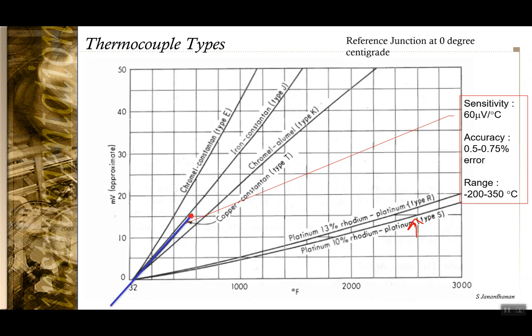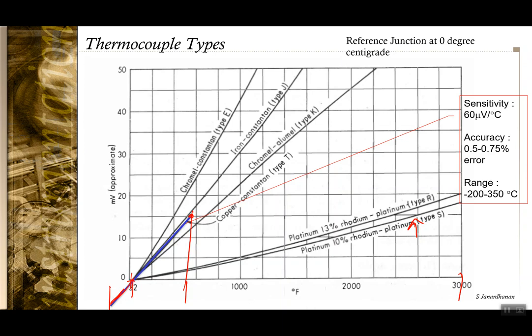It can only measure up to plus 350 degrees centigrade, and basically half of its range is in below freezing temperatures. So depending upon whether you want to accurately measure lower temperatures or have a measurement of higher temperatures, you have to make a choice of which thermocouple is to be used.